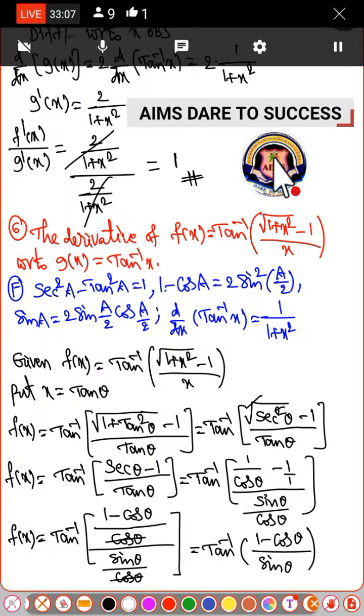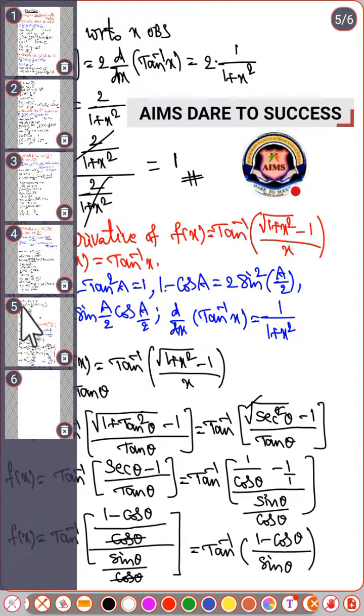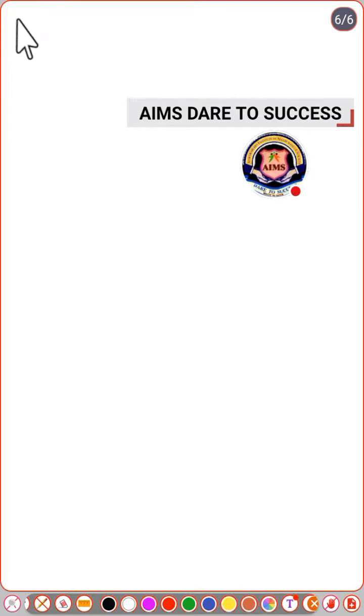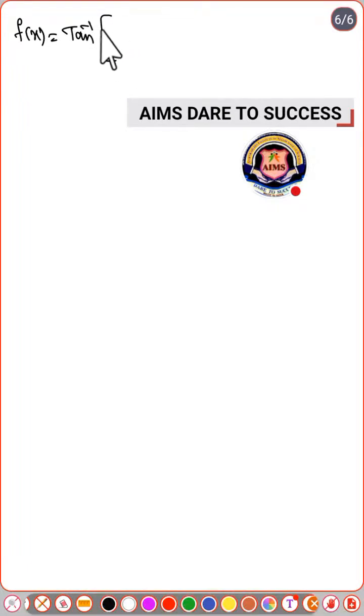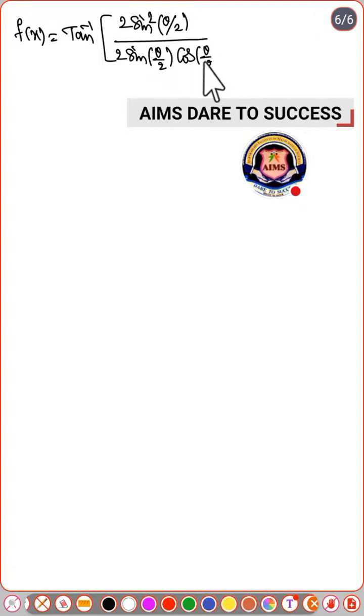Okay, now I want to write those formulas here. f of x is equal to tan inverse of (1 minus cos theta means 2 sin square theta by 2) whole divided by (sin theta is 2 sin theta by 2 into cos theta by 2).